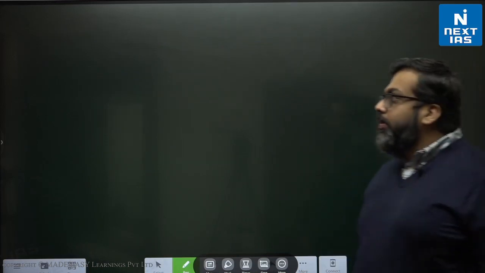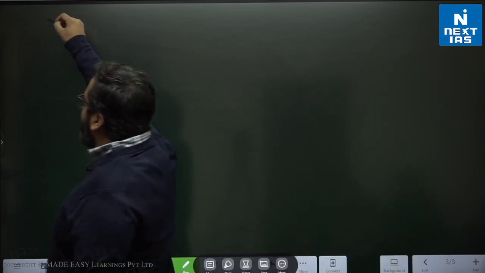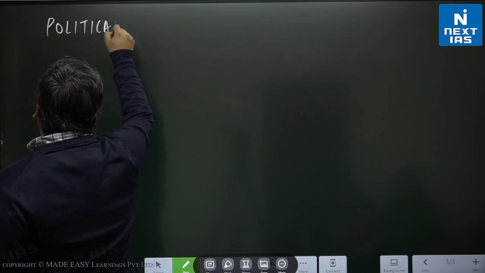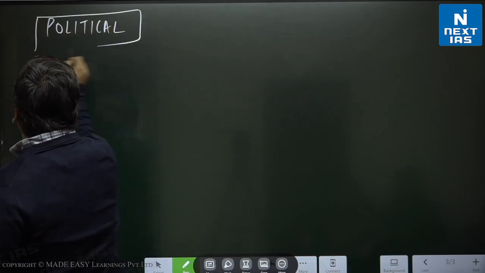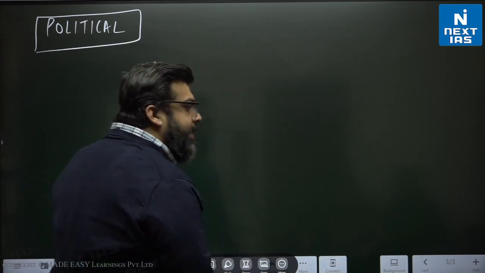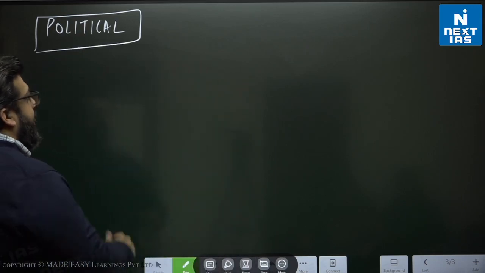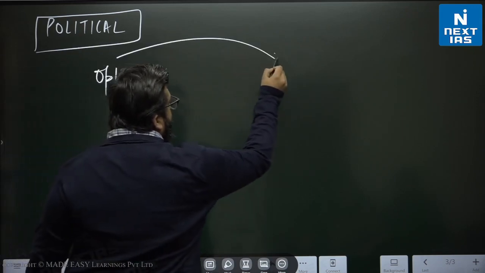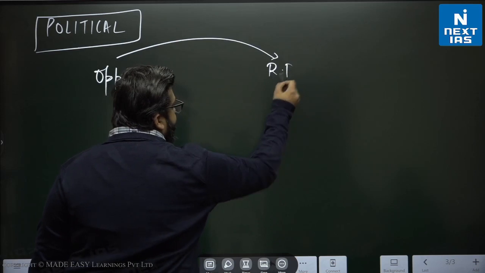Thank you, Varun. Now you must understand, we are referring to political defection. Now, political defection in 99% of the cases happens from the opposition to the ruling party.